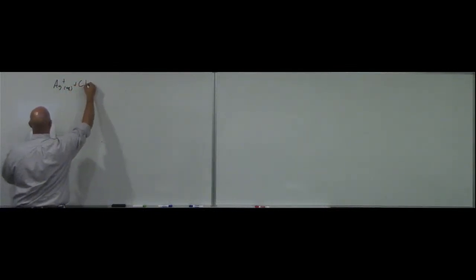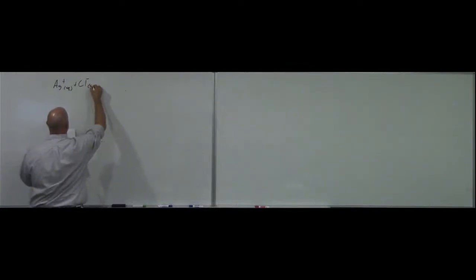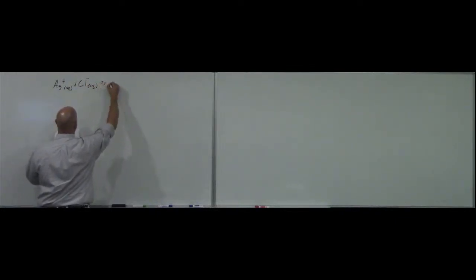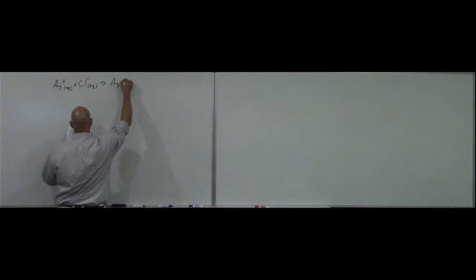Last problem for today says, what is the percent of chloride ion in a sample if, well, let me just write this up. So our formula is Ag+ aqueous plus Cl- aqueous yields silver chloride, AgCl solid. Okay.